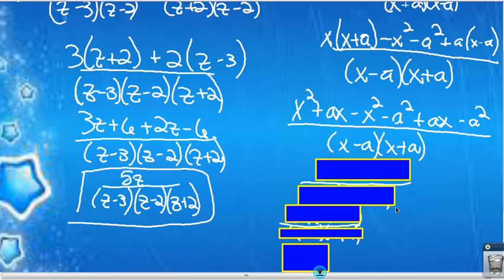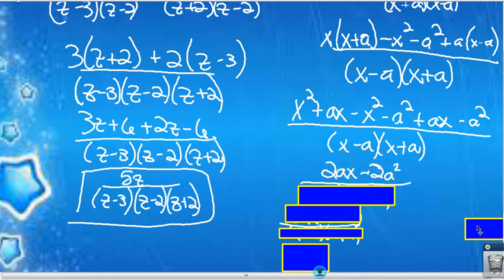Then you want to combine like terms very, very carefully. Watch your negative signs. You should end up with 2ax terms and then negative 2a squared terms, still over your LCD.